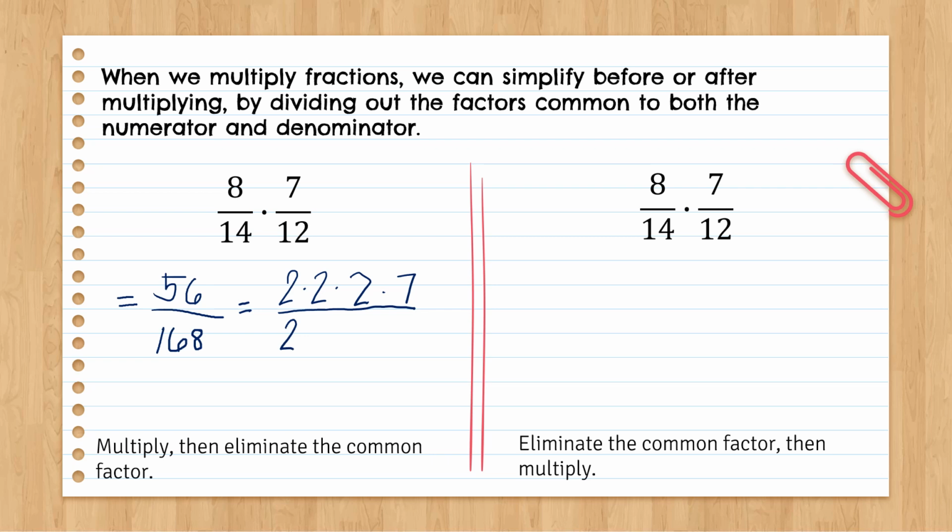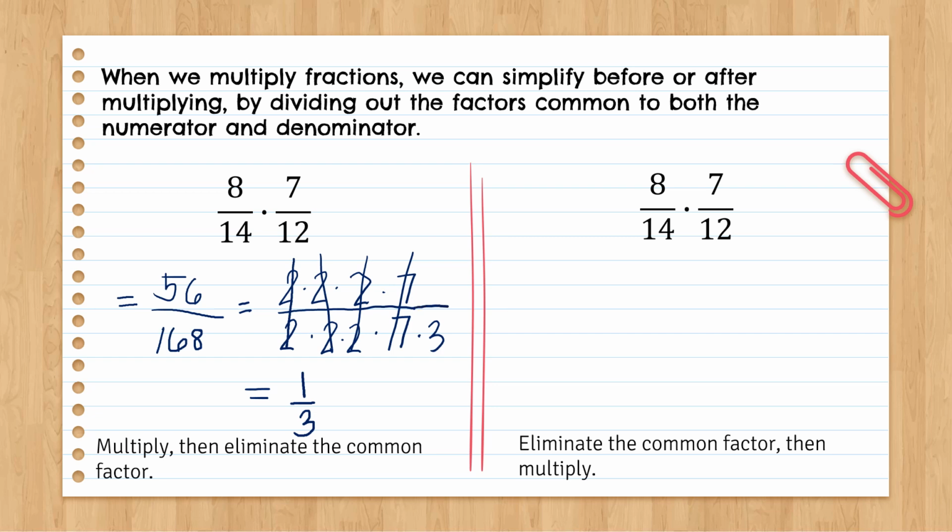We have 2 times 7 for 14, and for 12, we have 2 times 2 times 3. Since it is already written in prime factorization, we can now eliminate the common factors. So we have 2, 2, 2, and 7. So our final answer is 3? No, that is 1/3. Whenever there is no factor left in the numerator, remember that there is always 1 in our numerator.